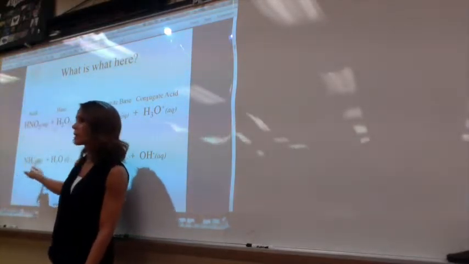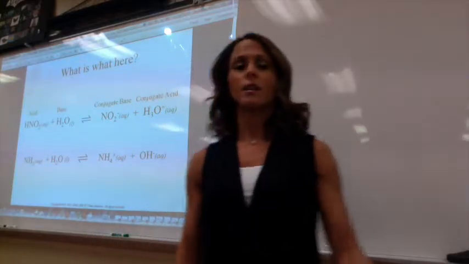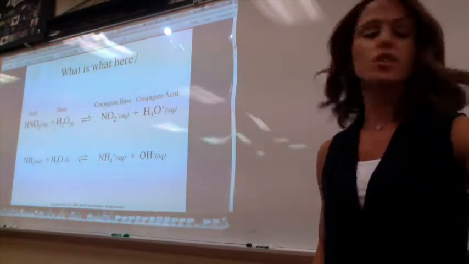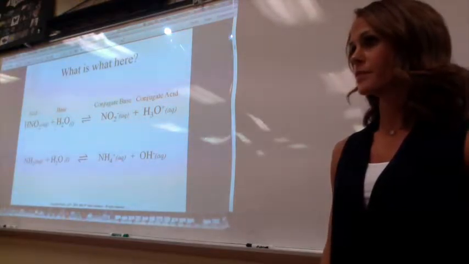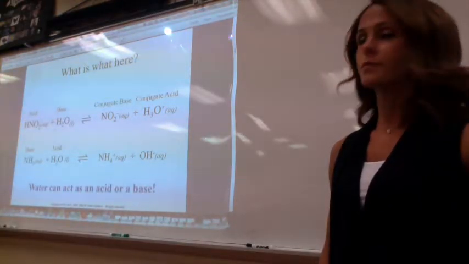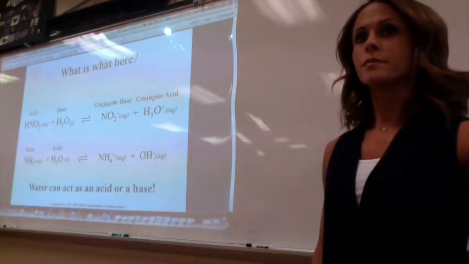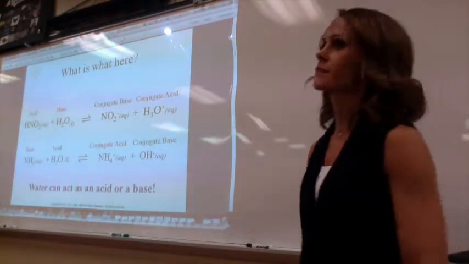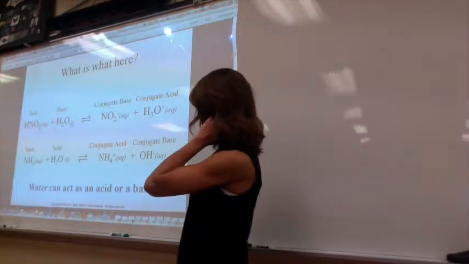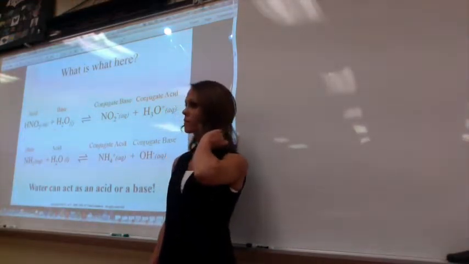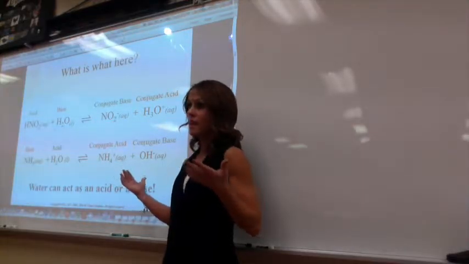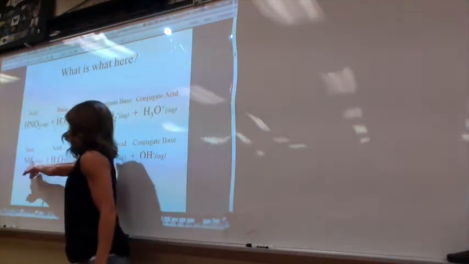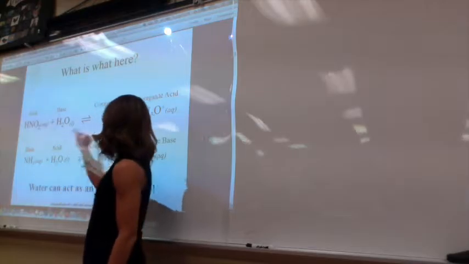So this is definitely your base, which makes water what? Your acid, and then label your conjugate acid and base on the other side. So you should recognize, again, this is the base, this becomes the acid, this is the acid, this becomes the base.